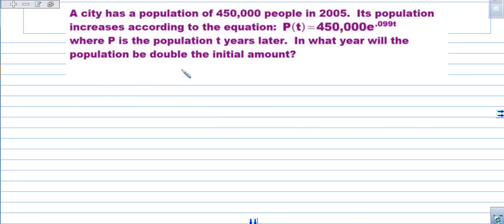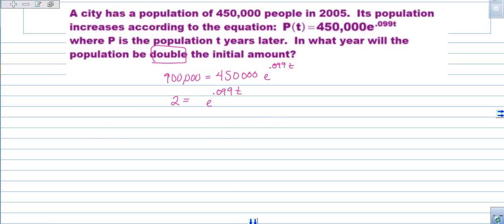So basically this one says double. We can use that shortcut. And so we know 2 is going to equal e to the 0.099t. Okay? If you need to see that, it'd be 900,000 equals, because that's double 450,000, and then you still have e to the 0.099t.